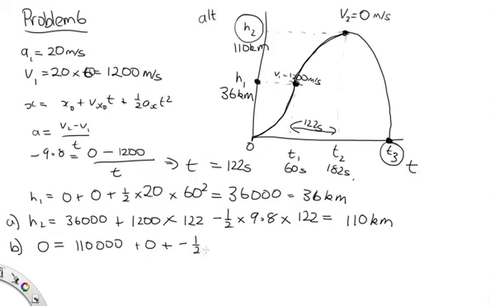So we've got minus a half times 9.8 times t squared. Okay, we can rearrange this. So t squared is equal to 110,000 over a half times 9.8, so that's 4.9. And solving that on the calculator gives us that t is equal to 150 seconds.